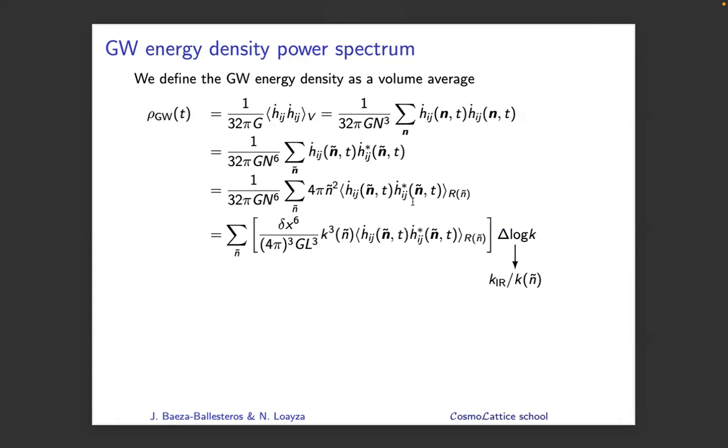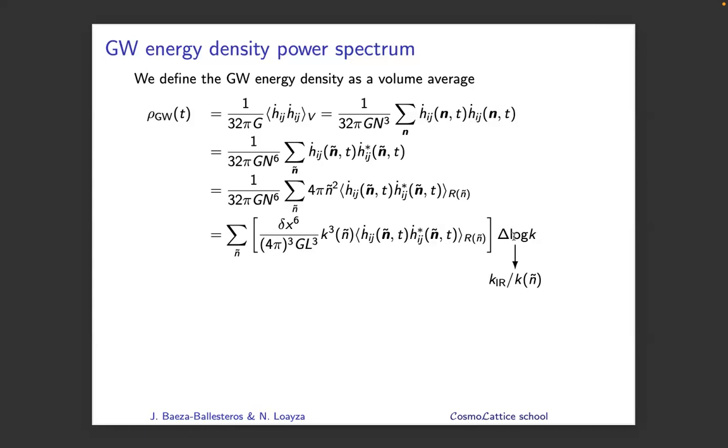But this allows me to write in this manner because, as you remember, how we wanted to write this was the energy density of gravitational waves per logarithmic interval. So we want to split my product in Fourier space into shells, then add them and take the logarithmic interval of each one. So I can just rewrite what I did here in this manner.